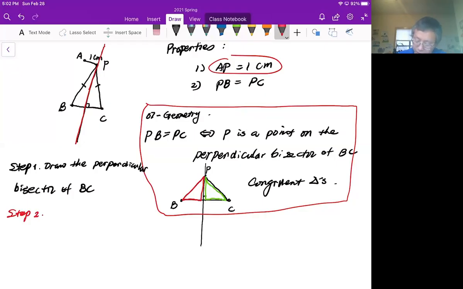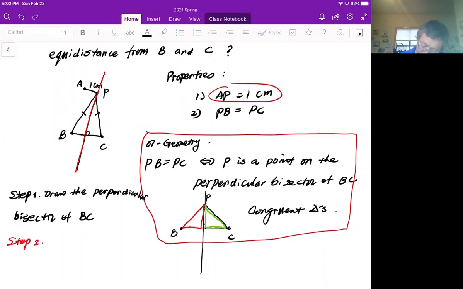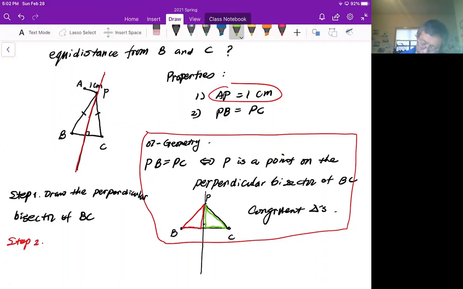So I'm going to draw a circle with a radius of 1 centimeter, with the center at A.